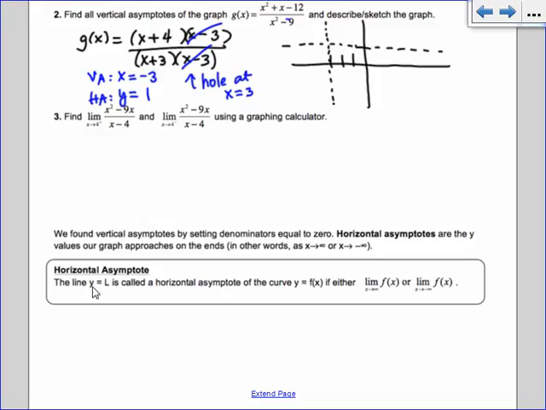But basically, if I plug in, let's say 0 into the simplified version, y equals x plus 4 over x plus 3, what happens when I plug in 0? I get 4/3. And 4/3 is above 1. So because of that, it's going to be above the horizontal asymptote and go along the vertical. And then if I plug in -4, then I get 0. So that one's going to go there.